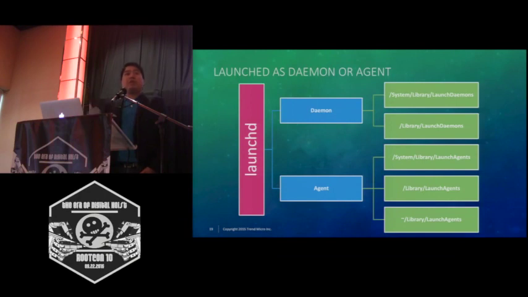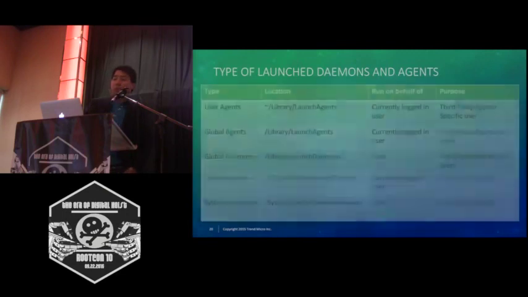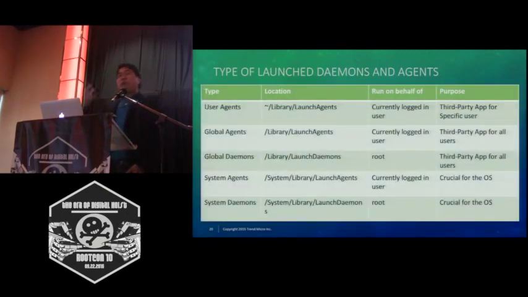They divide things with folders. So a malware could leverage on this, wherein they create a plist, or property list file, and place it in one of these folders, and of course it depends on the folder that you place it in. It will also depend on how it will be booted up. It could be booted up as root, or it could be booted up for the current user.